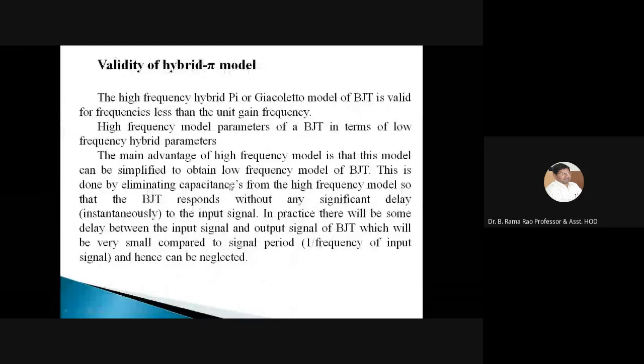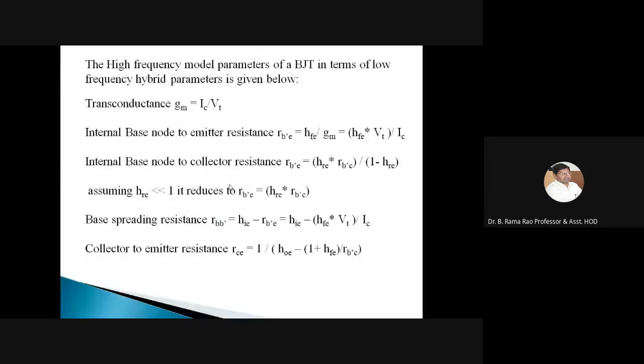RBB dash is nothing but HIE minus RB dash E. Now substitute the value of RB dash E, which we have already found, and you will get the value of RBB dash in terms of the hybrid H parameter model.